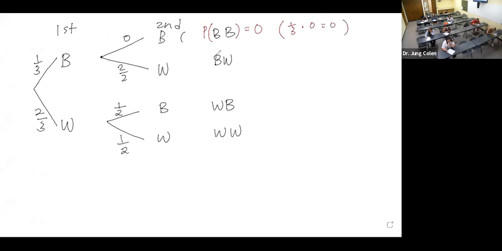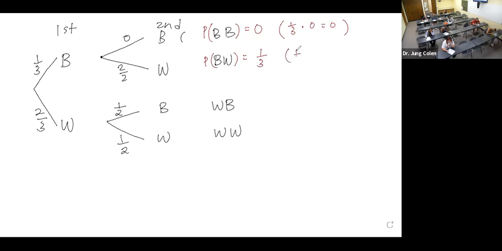Okay, how about getting black and white? So black is the first ball, white is the second ball. What's the probability for that? 1/3 times 2/2, which is 1. 1/3 times 1 is 1/3, right?